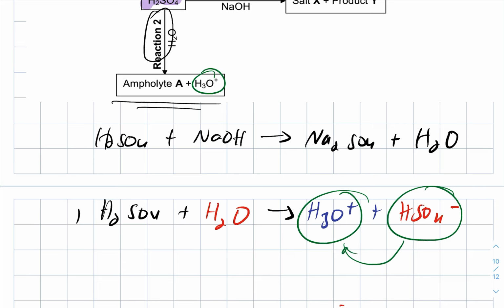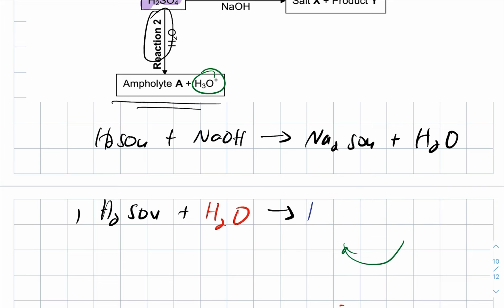Now, you may change the position for this one to make sure that they're in that order. I'm just going to go ahead and do that. So it's hydrogen sulfate plus the hydronium ion. It's a positive there.